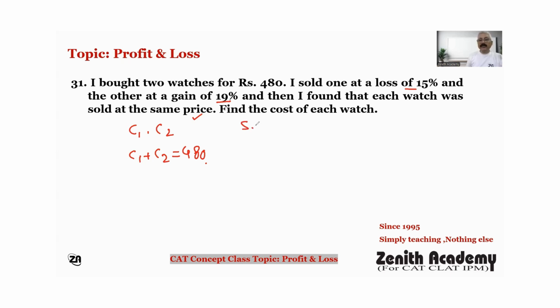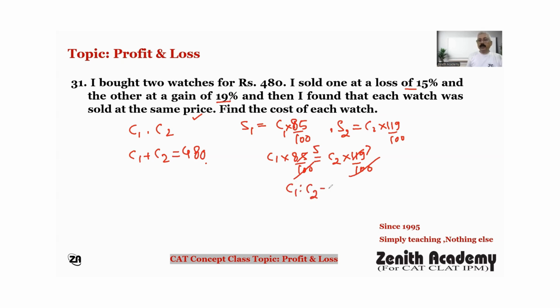So the first selling price, with 15% loss, means 85% of C1, and S2 will be 119% of C2, at a gain of 19%. Both are same. It means C1 times 85 by 100 equals C2 times 119 by 100. This cancels, 17 times 5, 17 times 7. So C1 to C2 is coming 7 is to 5.